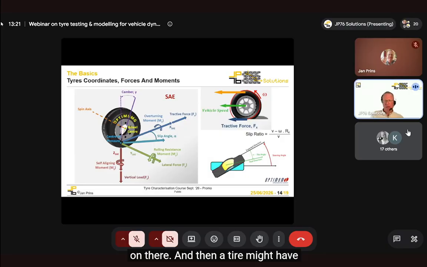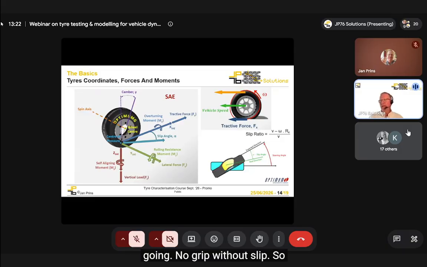And then a tyre might have some angle relative to the road. We call that camber in the vertical plane, or inclination angle, IA, often abbreviated. And tyres, if they don't go in a straight line, tend to have a slip angle. That just means that the tyre is not quite going in the direction that the rest of the car is going.